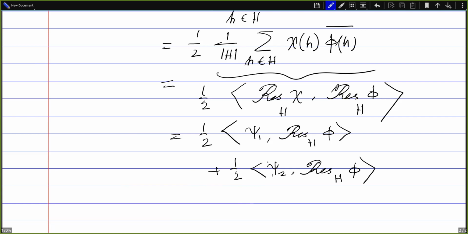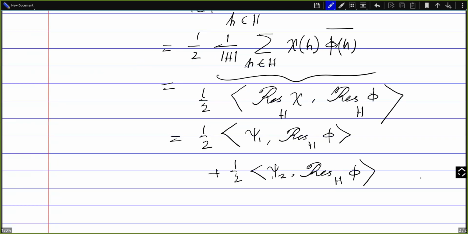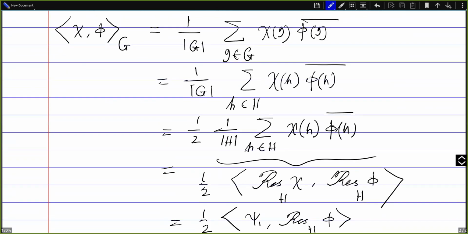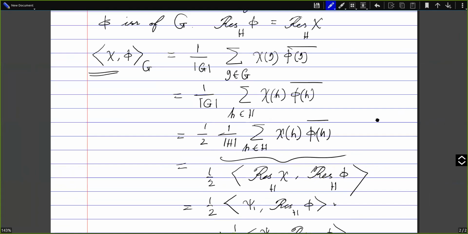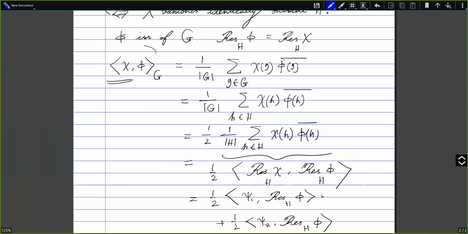And remember that both these are distinct irreducible characters of H. So from here, what we get is that this equals this.